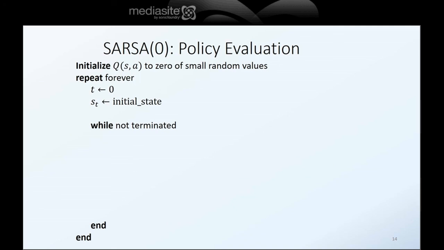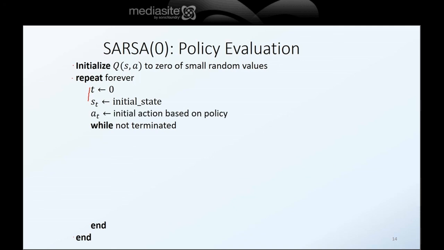And we see the initialization of Q's to very small or 0 values right at the beginning. And then we see the repeat forever loop as before. And we are now at the initialization step. So we initialize t to 0. Each time we start a new episode, t is initialized to 0 and ST is the initial state.